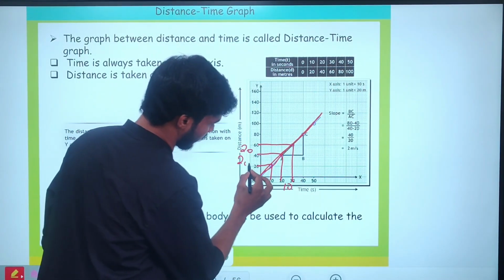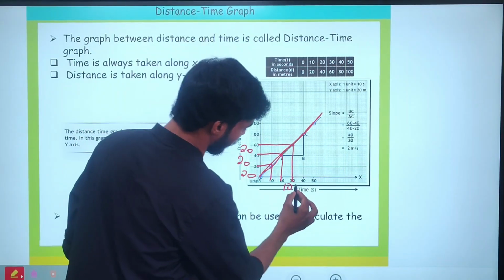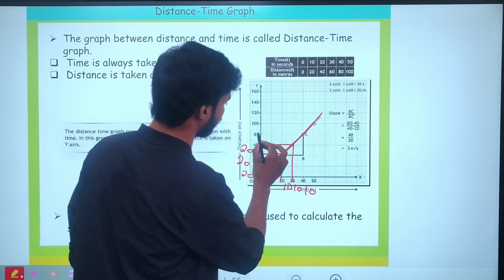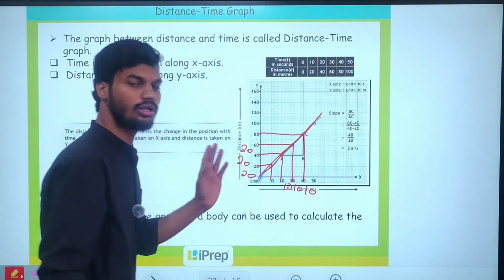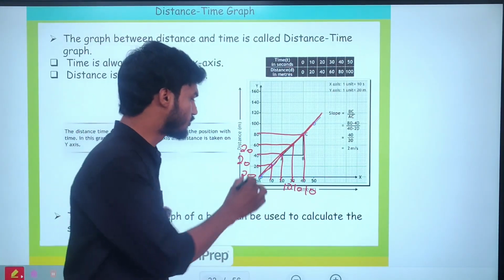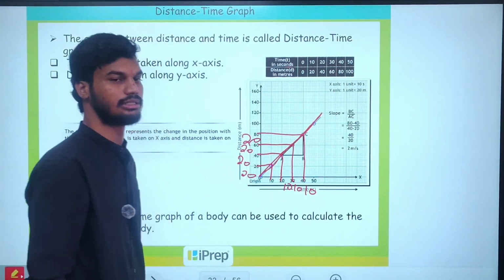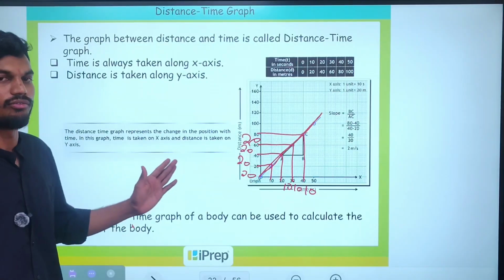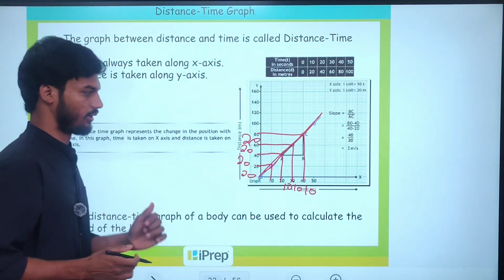Here the difference is 20, here the difference is 20, for every 10 seconds. So with time, the body travels equal distances. Then we can say that it is a uniform speed graph.